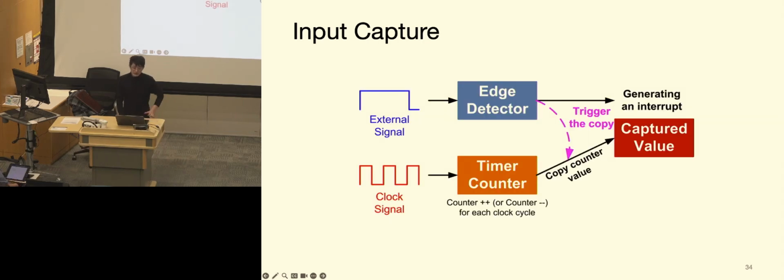Also, something you might want to keep in mind is that the actual external signal is quite noisy. So oftentimes it will have weird wiggling signals that might mess with your counting ability or input capturing ability with this CCR register.